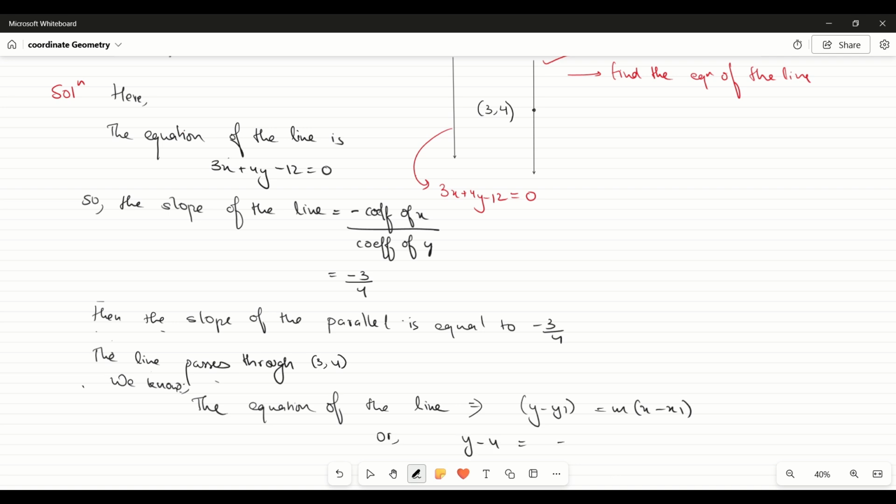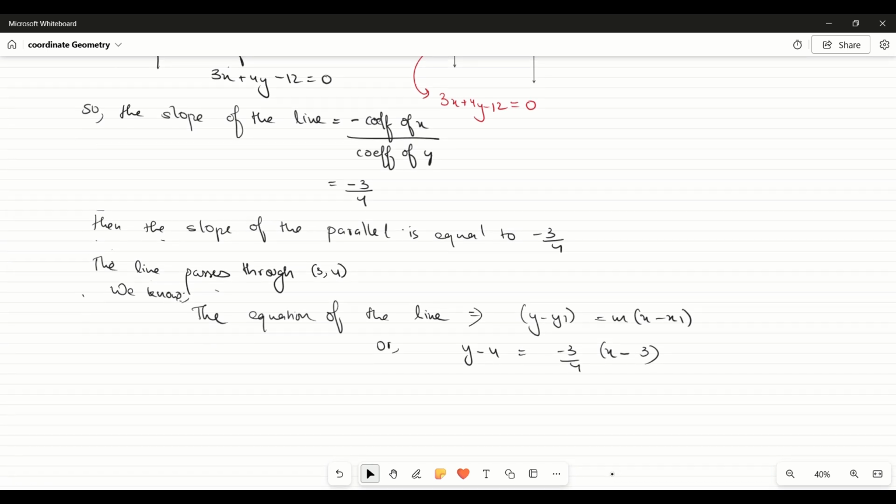Or we can write y minus 4 equals minus 3/4 times (x minus 3). Let's simplify it.